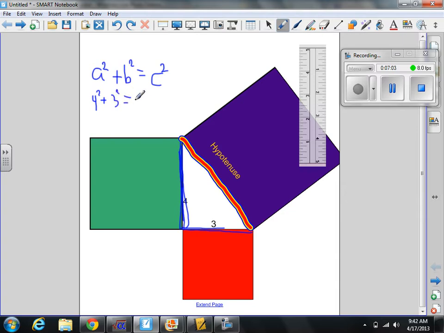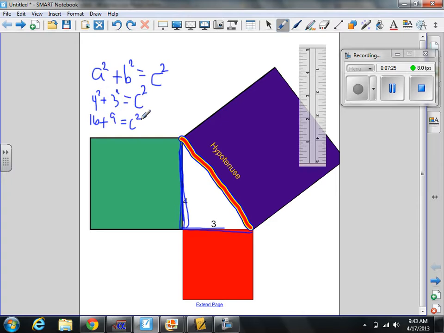And what does that equal to? Well, we don't know yet, but it will equal C squared. What's 4 squared? Remember, it's 4 times 4, 16, plus, what's 3 times 3? 9. And what does that equal to? C squared.